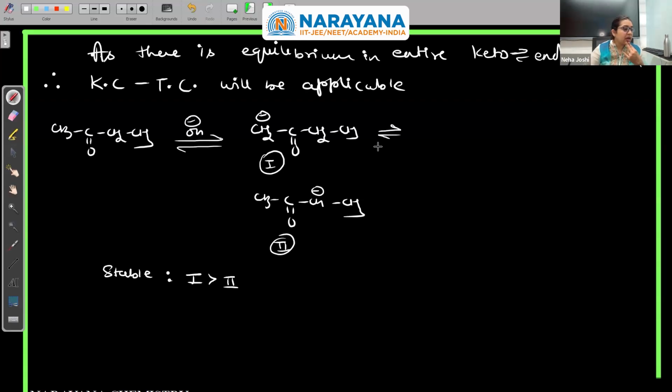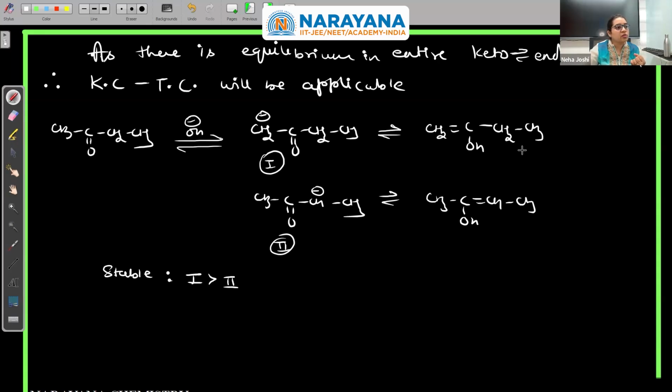Less +I. Ashish, just give me 2 minutes, I will ask you to unmute. So this converts into an enol like this, and this converts into an enol like this. Let me name them 3 and 4. So 4 is more stable than 3. Why? Hyperconjugation. Now see, the more stable enolate is forming the unstable enol.